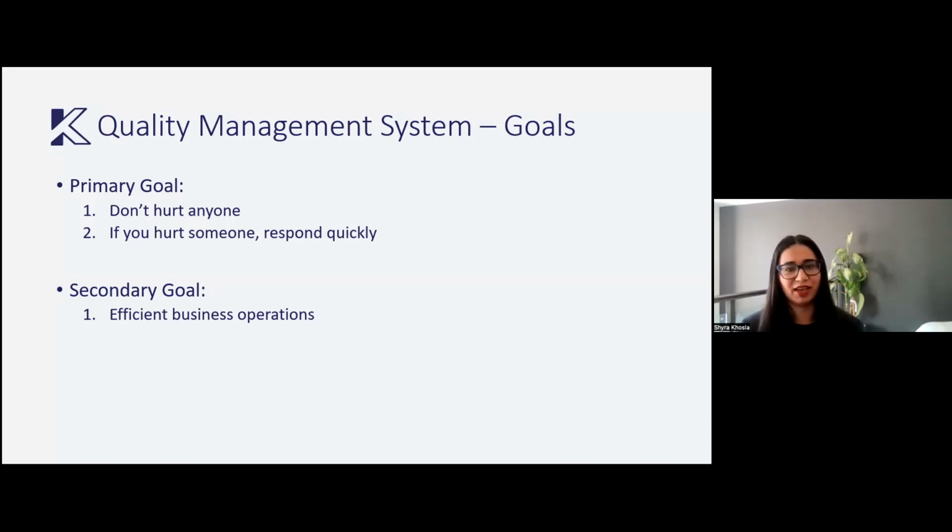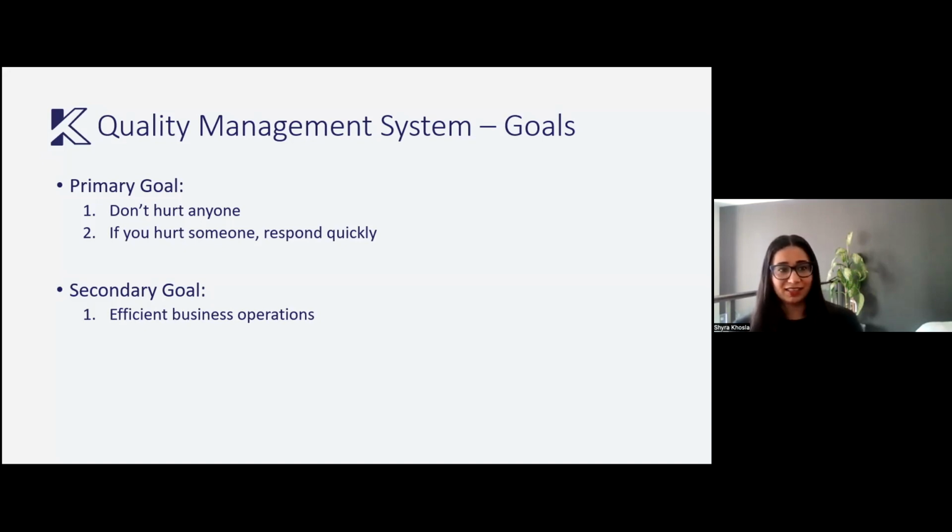Don't injure anybody, don't misdiagnose, don't mistreat, don't treat for the wrong thing. All of those things come down to patient harm or user harm, and that's what we're trying to avoid. So for those of you familiar with QMSs, when you're thinking about the nitty-gritty of why certain documents exist or not, it all comes back down to that specific goal.